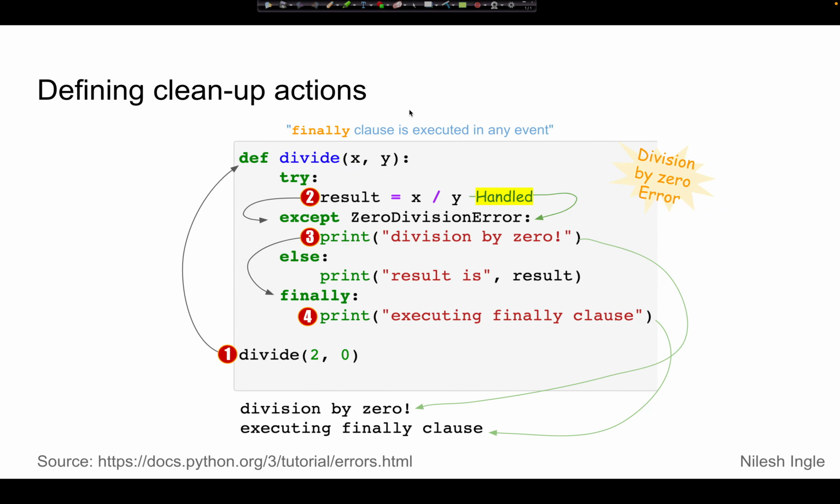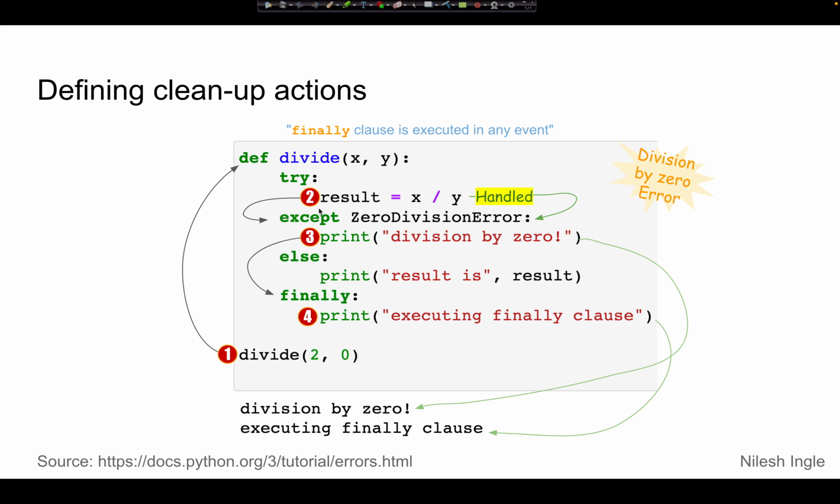Following that, we enter the else statement, and looks like we do not enter the else statement. Sorry about that. We directly move on to enter the finally block, and here we see this getting printed.